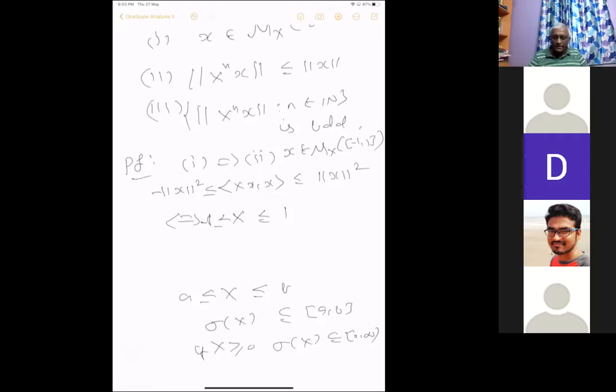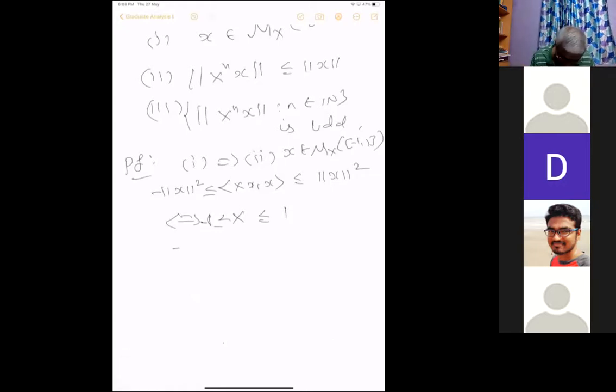Then you apply the spectral mapping theorem for the linear polynomial, x minus A or x plus A, whatever. Then you get this. Okay. So this is just what we have done earlier. For positivity, we have proved that for a positive operator, the spectrum is contained in the positive real line. So you apply that and the spectral mapping theorem, and this is equivalent to saying sigma of x is contained in [-1, 1], one way.